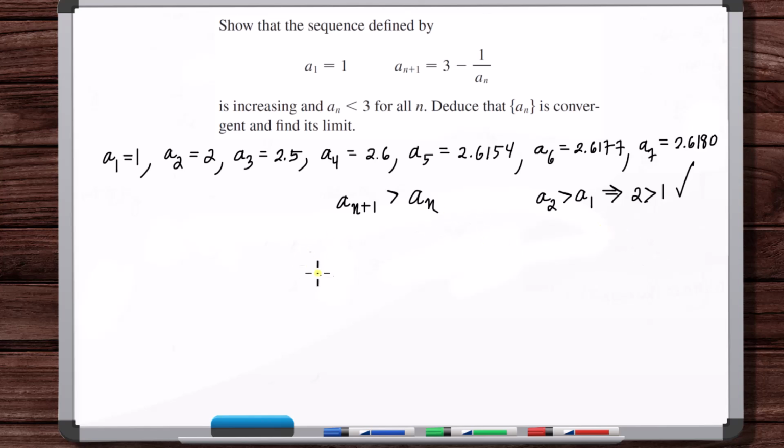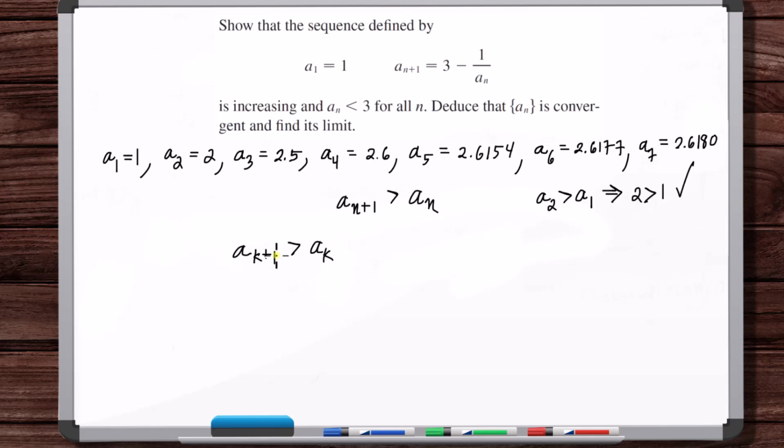Now we're going to change into k for the induction process. We assume that this is true, that a sub k plus 1 is greater than a sub k. Now we're going to use algebraic manipulation to show that this is true for the next term, a sub k plus 2 is greater than a sub k plus 1.